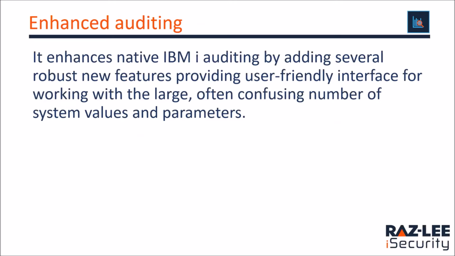IBM has some auditing capabilities. What iSecurity Audit does is enhance these capabilities, adding several new features, and they are in a user-friendly interface because you can work with a large number of system values, and usually it's confusing.